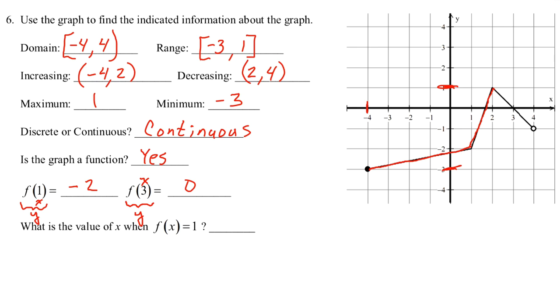And then the next one is asking, when the y value is equal to 1, what's the x value? All right, so you come over to your graph. Here's a y value of 1. Follow that over to your graph. That coordinate has a y value of 1, and its x value is 2.